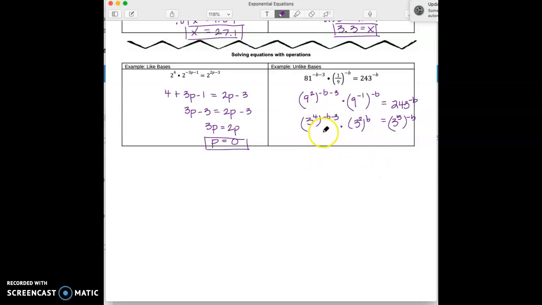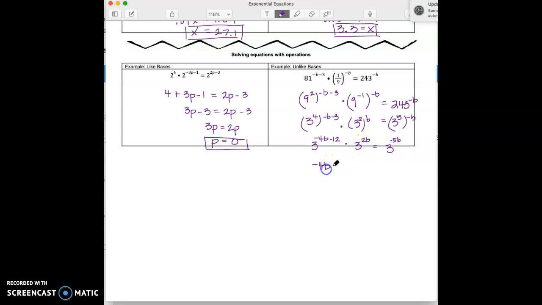All right, so a little bit more work with this one. I'm going to go ahead and use the power to a power rule, which says that we would multiply. So there would be my exponents. If I'm multiplying, I add.